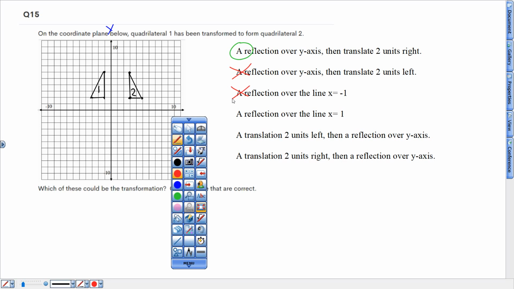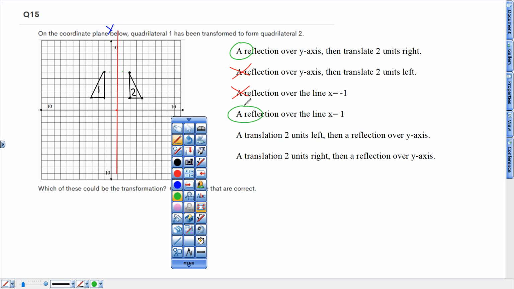If I look at +1 though, +1 on the x-axis, straight up and down line going through there, best I could draw, that is the line x equals 1. I could see my triangles are equal distance on either side of that line. So that one is good too.